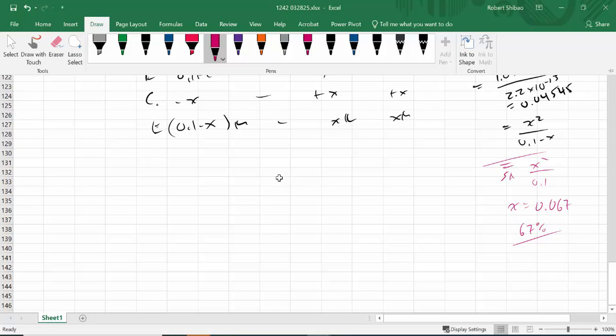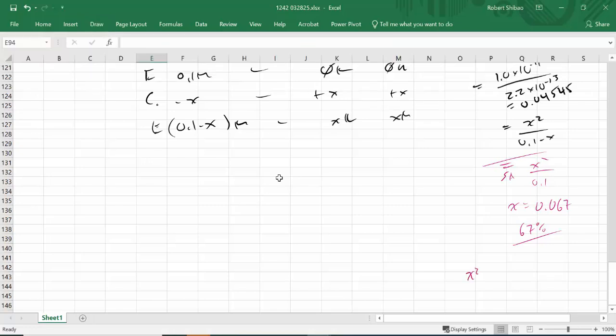So using the quadratic, I'm going to get X squared plus 0.04545X minus 2.2 times 10 to the minus 14 is equal to 0. And I'll solve. What time do we end at? 55? 11? Okay.